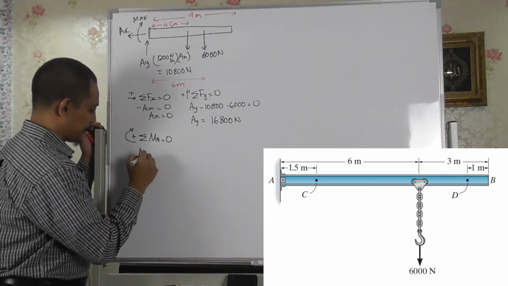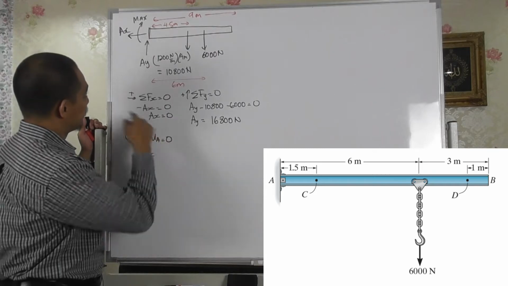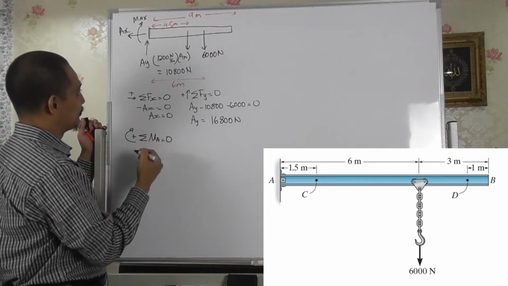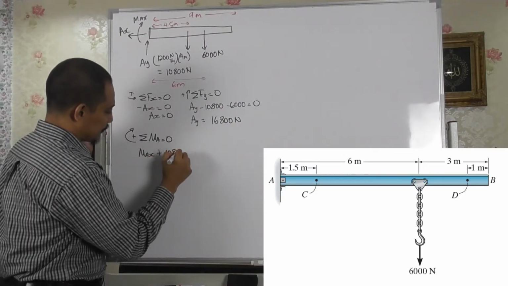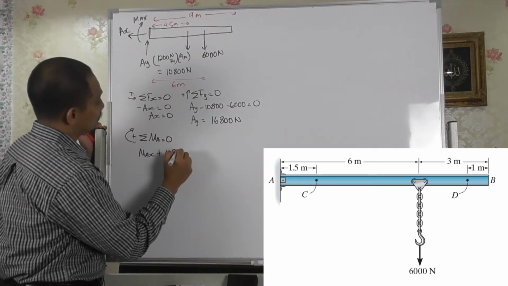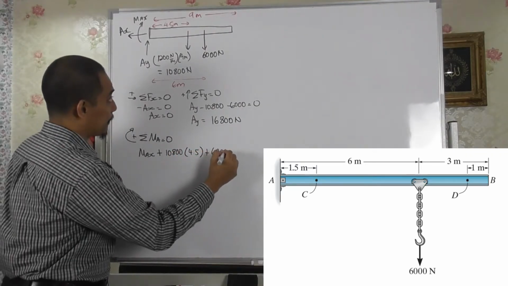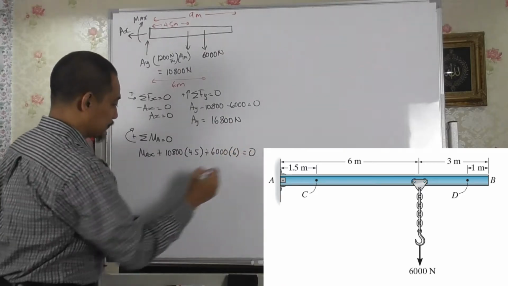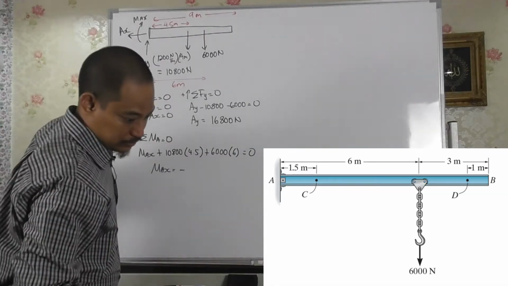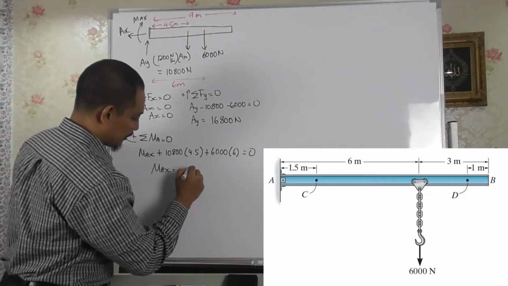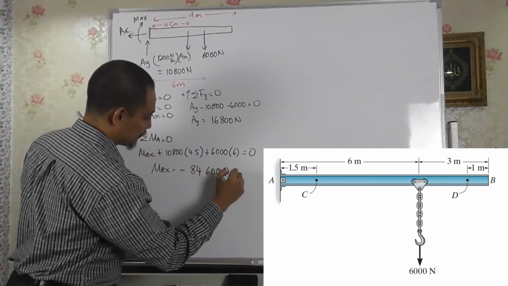So you have Max, because I assume it clockwise, the answer will be negative anyway, plus 10,800 times the distance of 4.5 plus 6,000 times the distance of 6 equal to 0. So Max in this case will be negative. If the calculation is correct, you get 84,600 Newton meter.